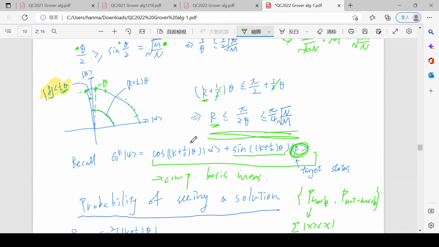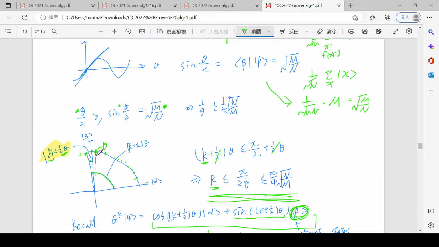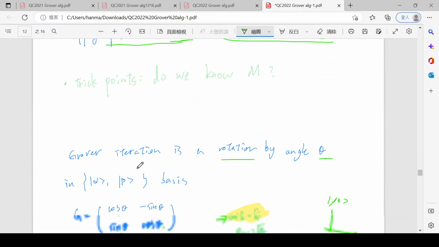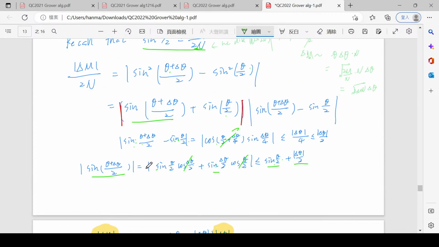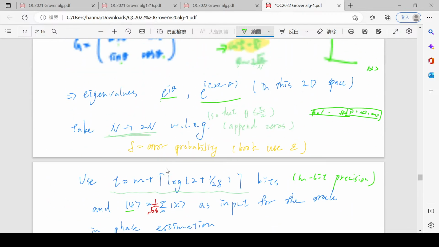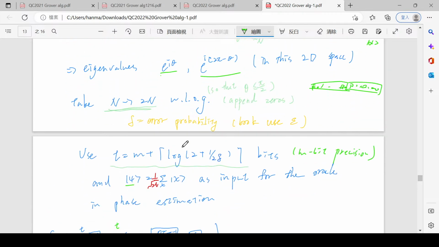Because if you are in 90 degrees plus minus 10 degrees, then you are okay. Then you have a sine squared of 80 degrees probability of getting a correct answer. And if you want constant theta error, you only need constant m.